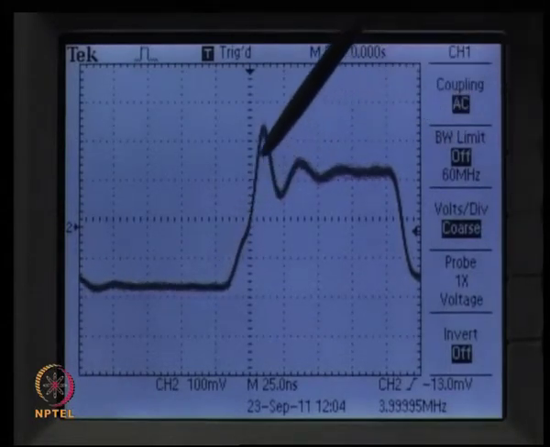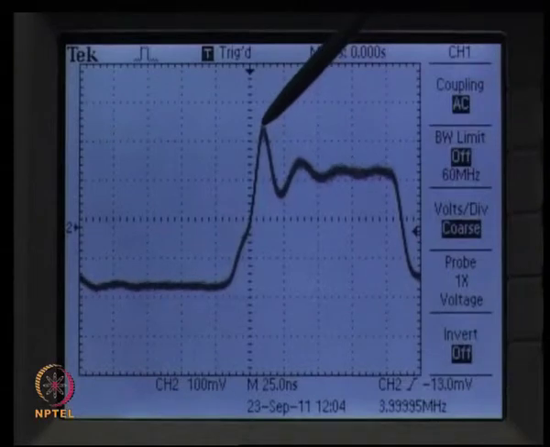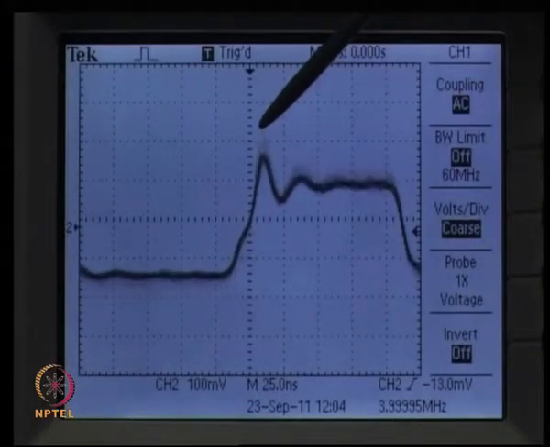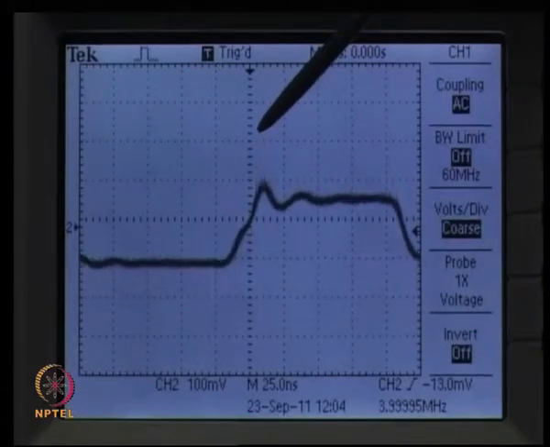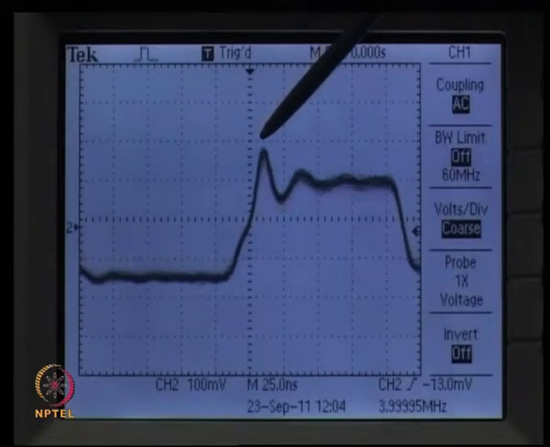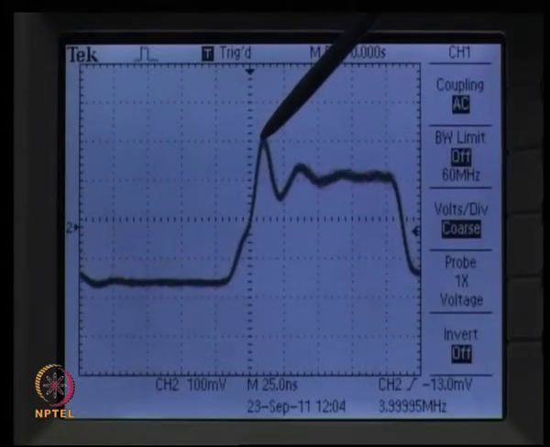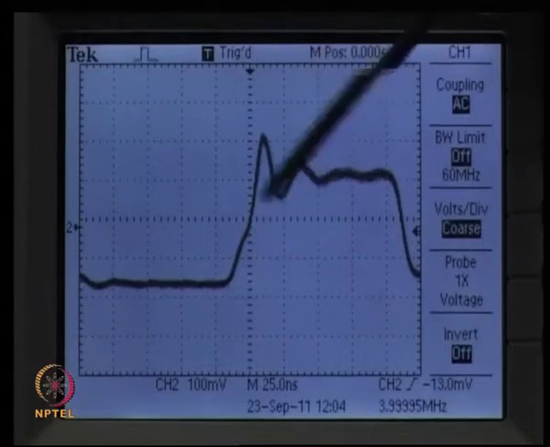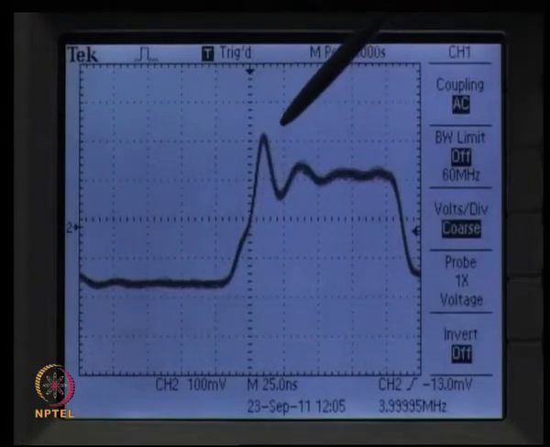You can see that the rise time of the received signal after transmitting it through fiber is higher. As we decrease the amplitude of the laser, the amplitude of the received signal also decreases.